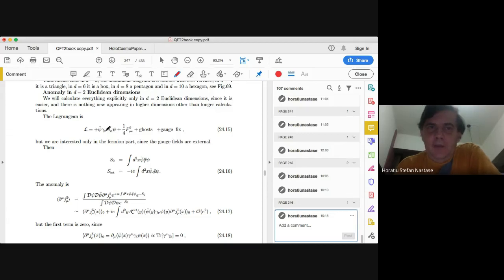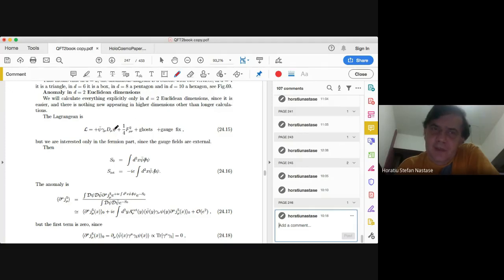All right. So the Euclidean Lagrangian, as we said, is psi bar gamma mu D mu psi. And then, of course, in principle, this gauge field has a kinetic term, some ghost and gauge fixing. But this dynamic part for the gauge field, we're not interested in.